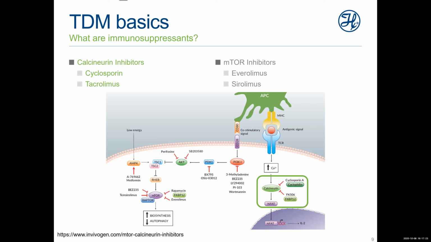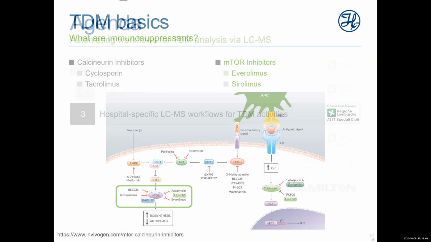They are grouped into calcineurin inhibitors, which are cyclosporin and tacrolimus, that, as you can see in the picture below, act on the calcineurin pathway, blocking IL-2 expression, and mTOR inhibitors that, on the other hand, block the mTOR transcription factor, which has the effect of reducing biosynthesis and promoting autophagy. mTOR, if not blocked, does exactly the opposite, as reported in the picture. Okay, next one.